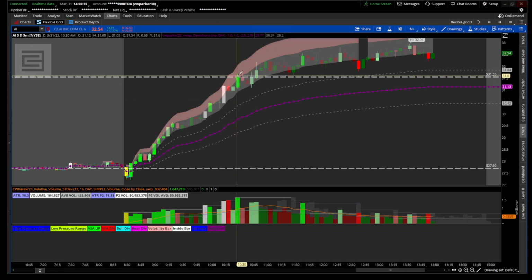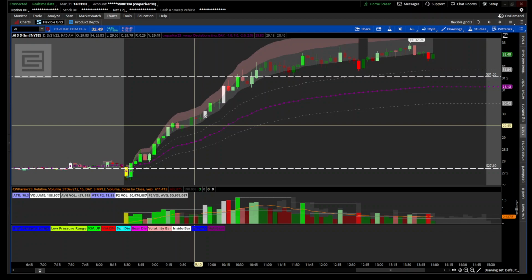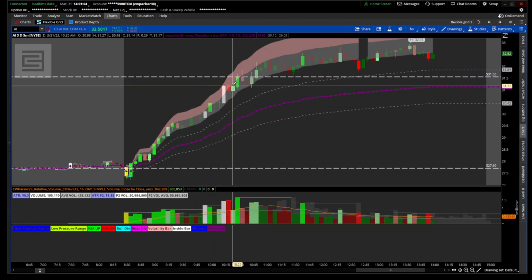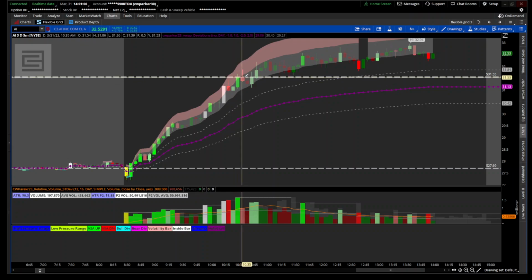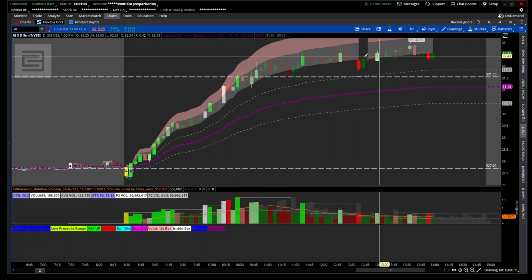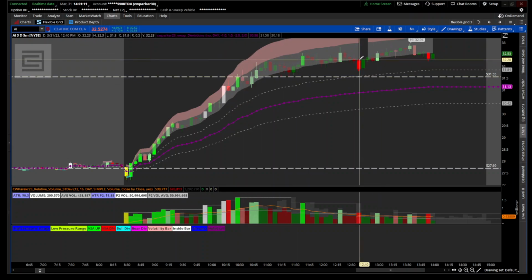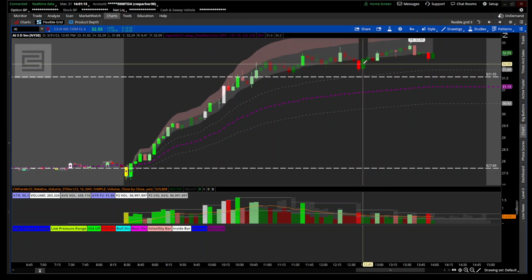And that's basically how this cloud works. And you can see right here, it basically stayed above 1 deviation of VWAP, but it really didn't go above 1.5 deviations of VWAP. And like I said, once it drops below 1 deviation, the cloud will actually go away.